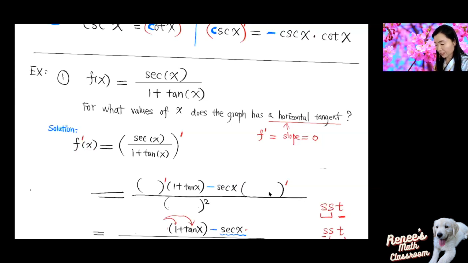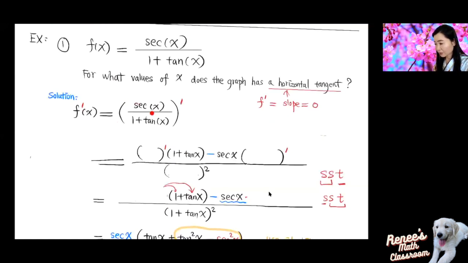So first we take the first derivative of this function. Because this is a quotient, we're going to use the quotient rule. We differentiate the function on top times the function down here, minus the function on top times the derivative of the function down here, and then over the square of the denominator, okay?